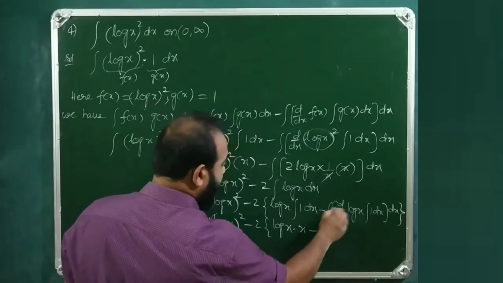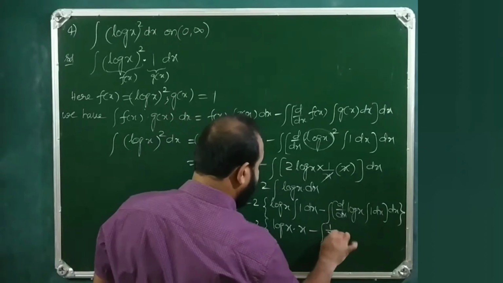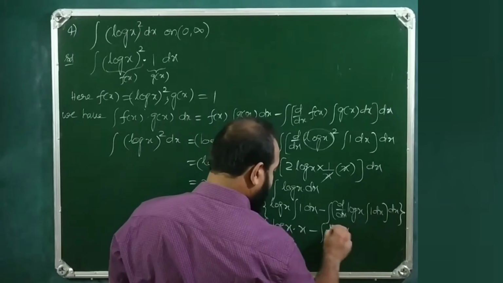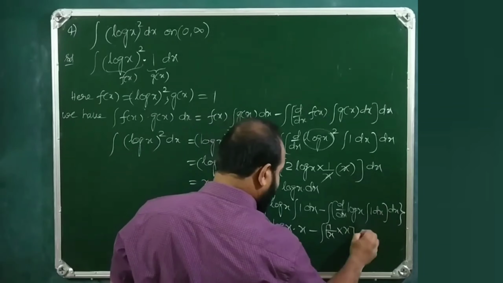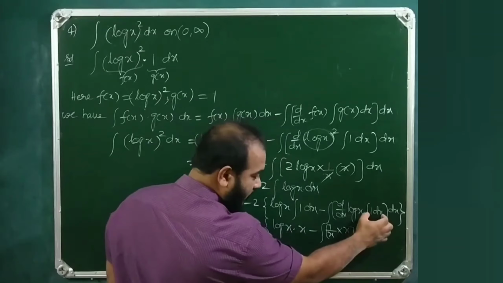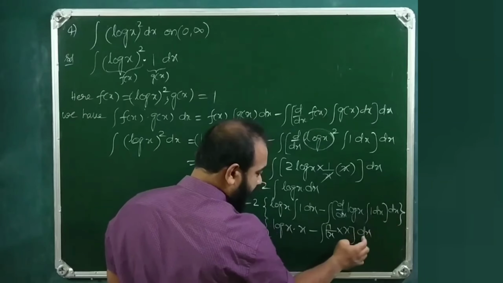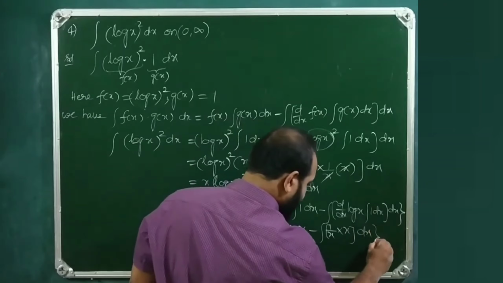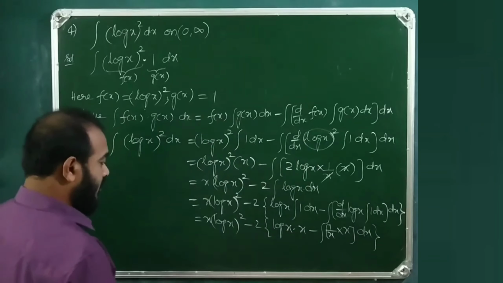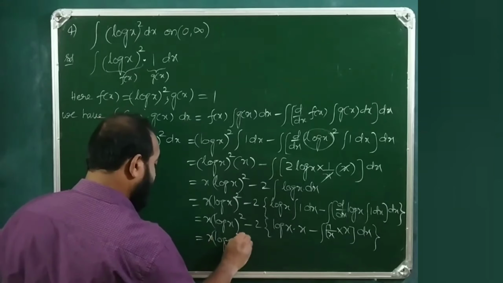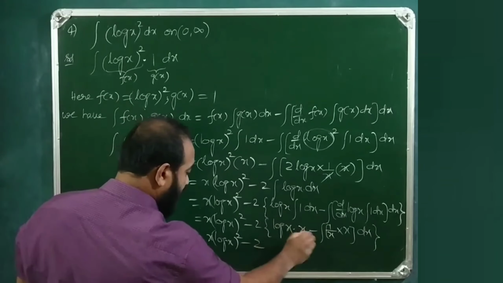minus d by dx of log x is 1 by x, integral 1 dx is x, bracket close dx, bracket off. So this is equal to x log x whole square minus 2 x log x.